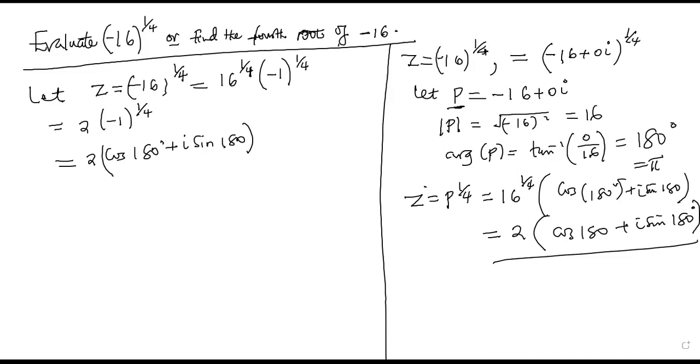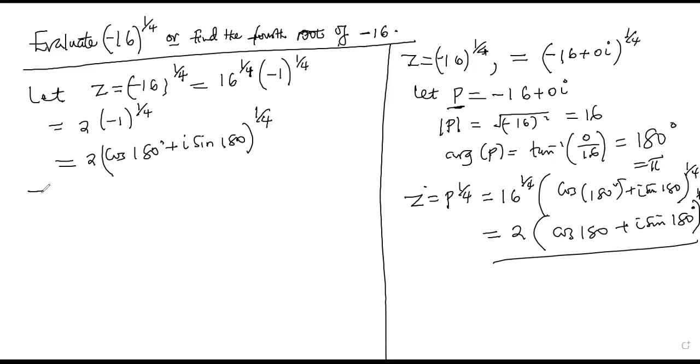But remember, I need the fourth root. So everything will be to the power of a quarter, even here. So I'm going to have a 2. This negative 1 gives this, but then to the power of a quarter.